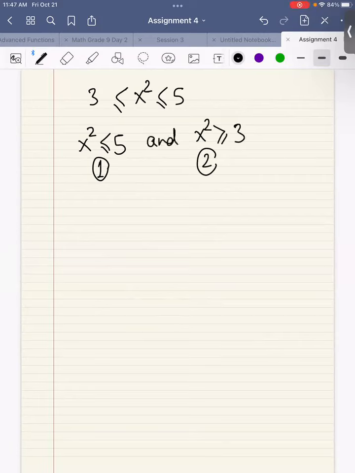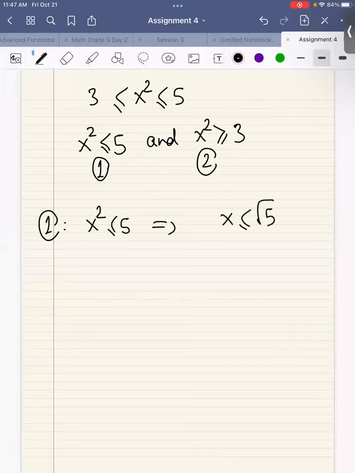If we look at 1, x squared less than 5, that means x has to be between root 5 and minus root 5.